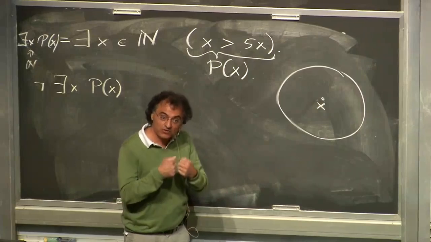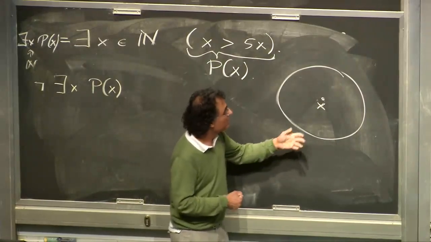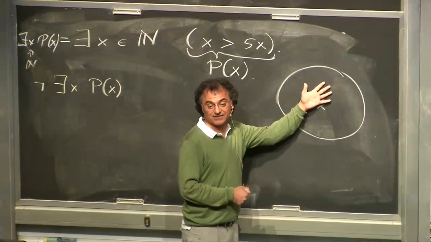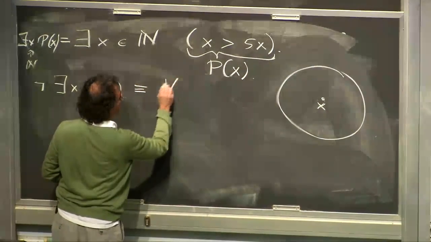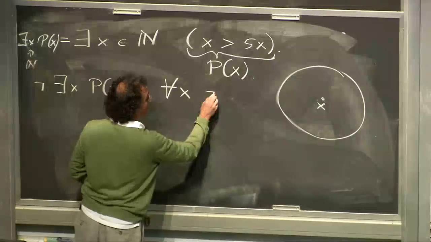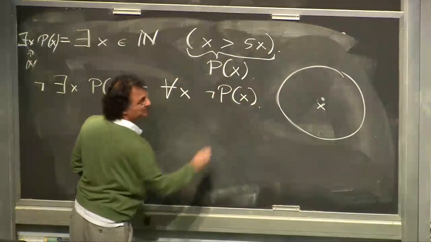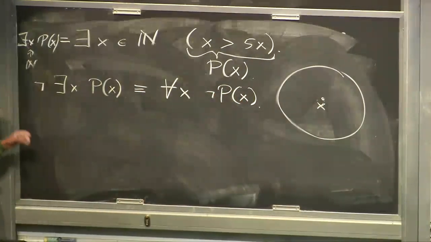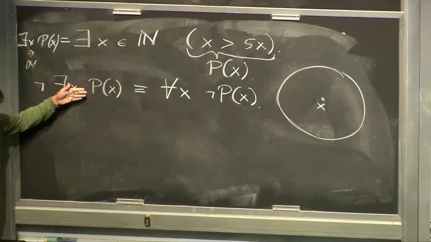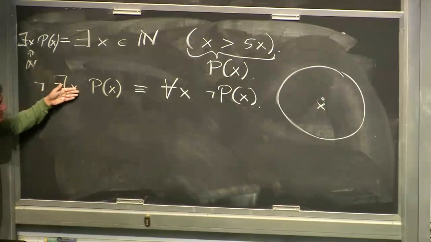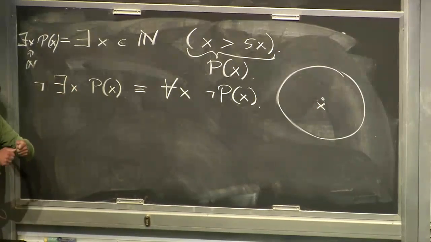Well, in order for it not to be the case, it must be the case that for every x, P of x doesn't hold. So this is the same as saying, for all x, not P of x. You see? You can take this negation and move it through the there exists, and when you move it through, it flips from exists to for all.